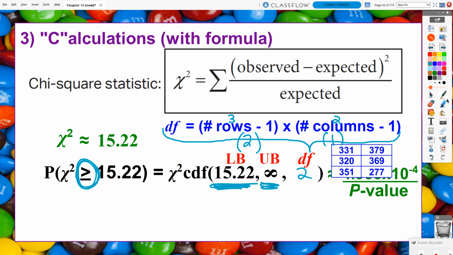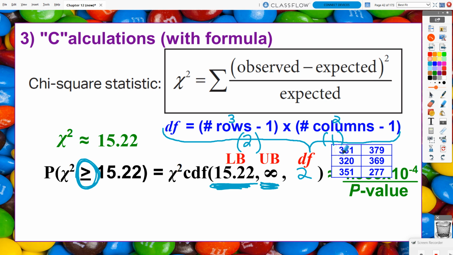Now, if you remember earlier, when we were calculating the expected counts, I mentioned that the degrees of freedom were really tying into the number of times that we had to use that expected count formula, the row total times column total divided by total.